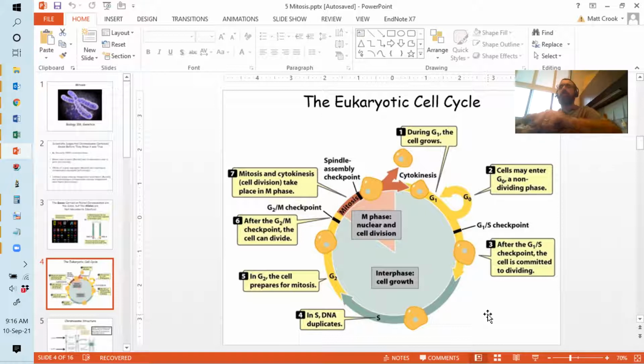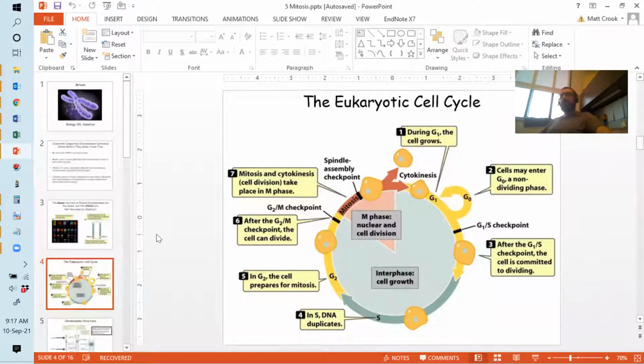Then once that finishes up, gap 2 is all about preparing for M phase or mitosis. So all the proteins, and there are many that are needed for that to go successfully, are made in G2. So that's the big bulk of cell division, interphase.